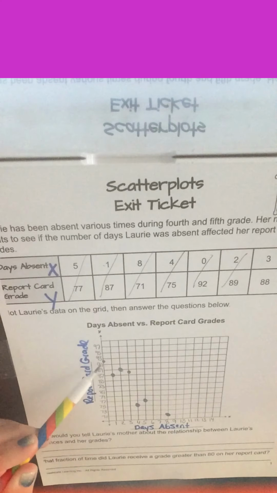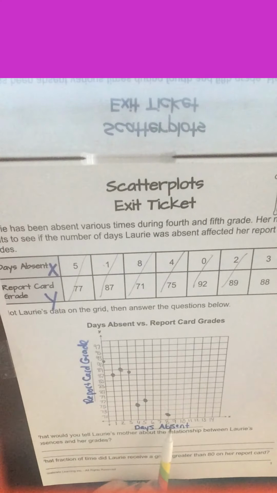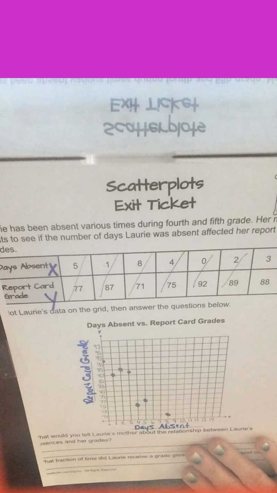And just looking at how it goes down as the number of days absent goes up. So definitely, if you wrote down something about she does better when she's not absent, her scores are higher when she doesn't miss school, or maybe you put her grades go down when she misses a lot. All of those would be acceptable answers to that question.